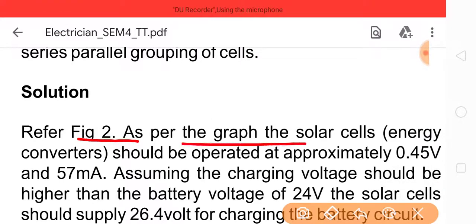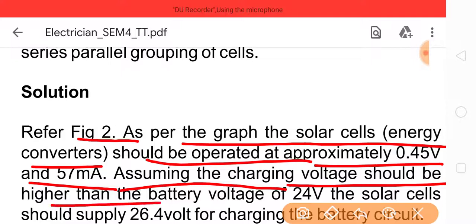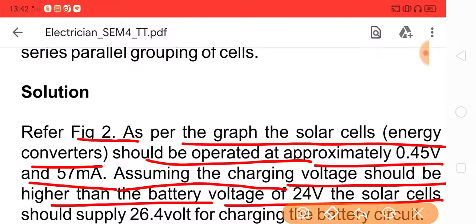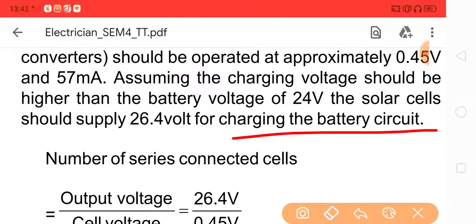As per the graph, the solar cell energy converter should be operated at approximately 0.45 volt and 57 milliampere. Assuming the charging voltage should be higher than the battery voltage of 24 volt, the solar cells should supply 26.4 volts for charging the battery circuit.